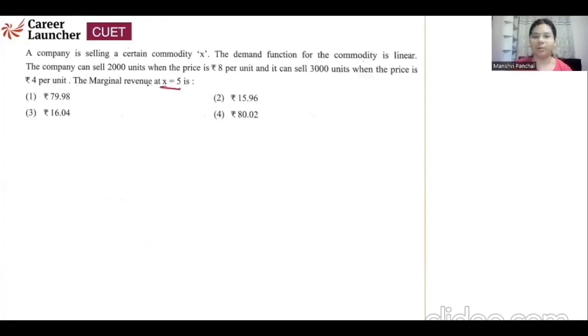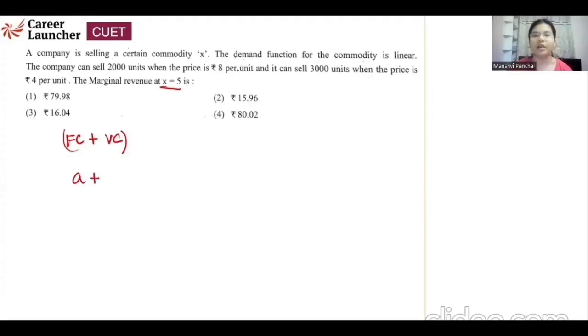So first, if I want to make the demand function, then it is saying that it can sell 2000 units when the price is 8 per unit. It means that there would be some fixed cost plus the variable cost, right? Let's say the fixed cost is A, plus the variable cost B times the price.